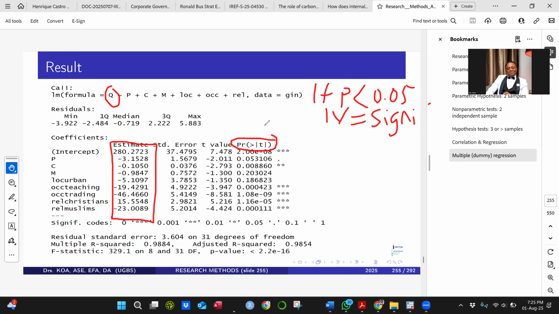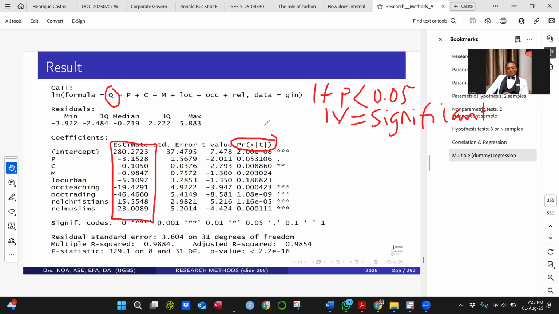Another way of saying that the independent variable is significant is saying that it is statistically positive or negative, depending on which one you're looking at. So is the independent variable significant or not?